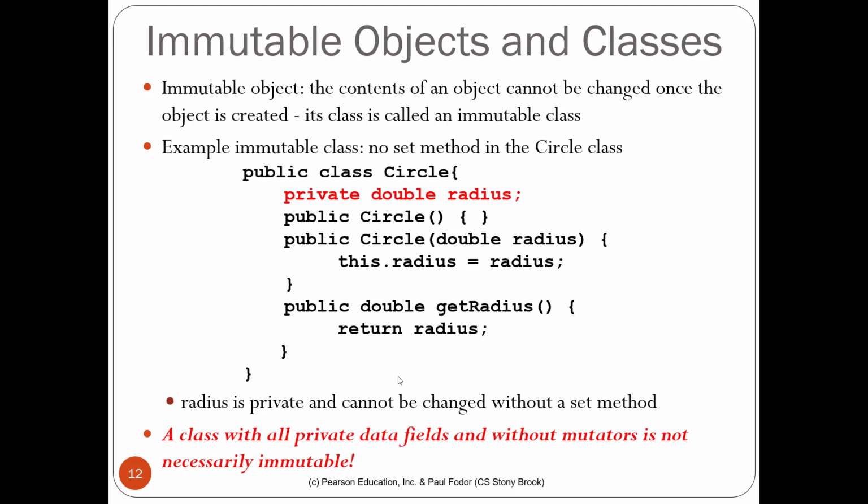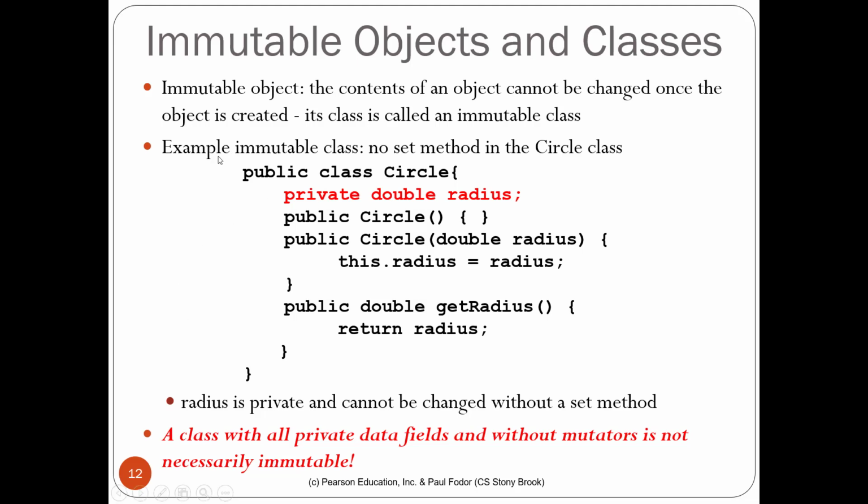Okay, so these classes and the objects which are such that you cannot change their data fields once they are created, then they are called immutable. Alright, so now there's an interesting thing that goes in the definition of immutable objects and classes. We'll try to understand that.